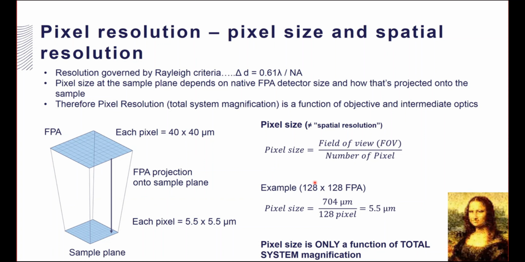For example, if we have a detector that has 128 × 128 pixels, to know the pixel size we need to divide the field of view of a specific objective, in this case 704, by 128 pixels, and then we will have a pixel size of 5.5 micrometers. So we will be able to collect spectral information every 5.5 micrometers.